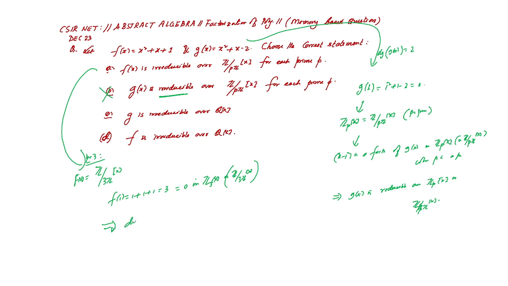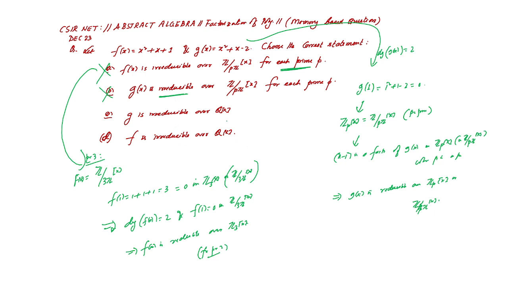Now the degree of f(x) is 2, and f(1) = 0 in Z/3Z, so f(x) is reducible over Z_3[x]. So for p = 3, this option is false. Again discard it. Now we come to the next thing.